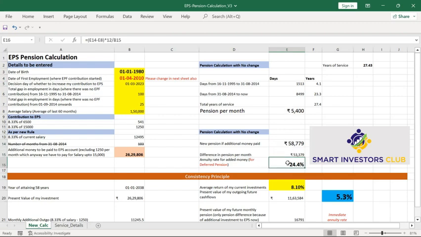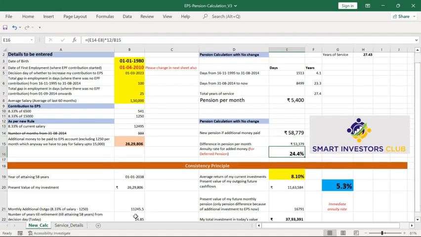And the percentage I get is 24.4% for deferred pension. That means this value I will be getting after these 15 years. So there are some products in the market available which are deferred pension as well as immediate annuity. This is not an immediate annuity, so this is what I pay now, but what I get after 15 years.